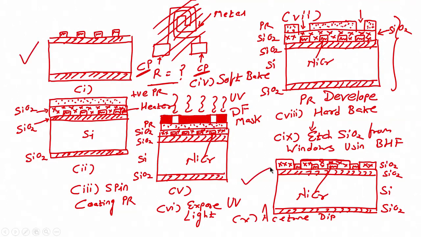When we reach this wafer, the difference between A and B is that now the contact area of the heater is open, but the rest of the area of the heater is protected by silicon dioxide. The top view will look similar to this, where everything is silicon dioxide and only in the contact area you can see there is no silicon dioxide.